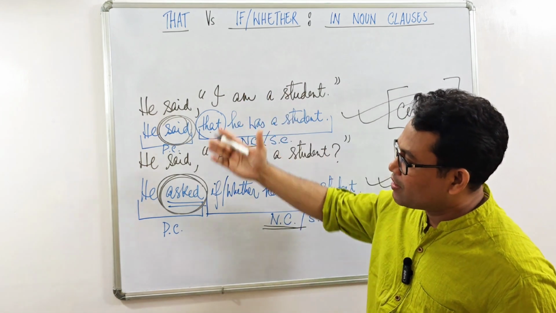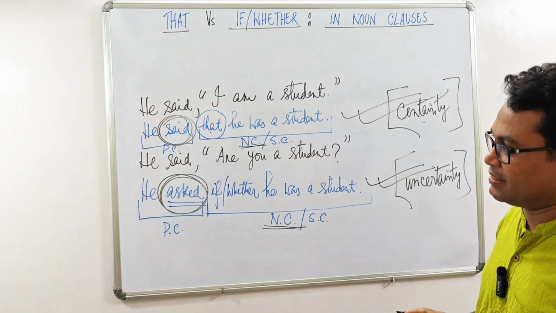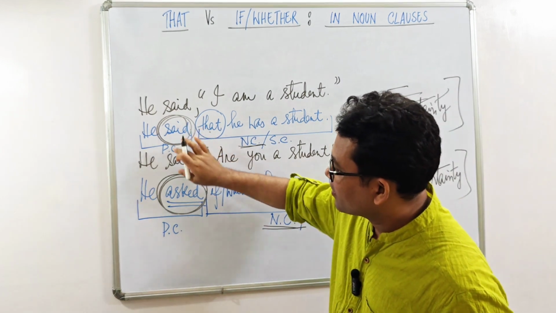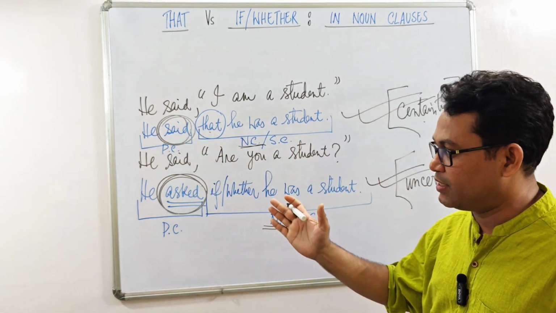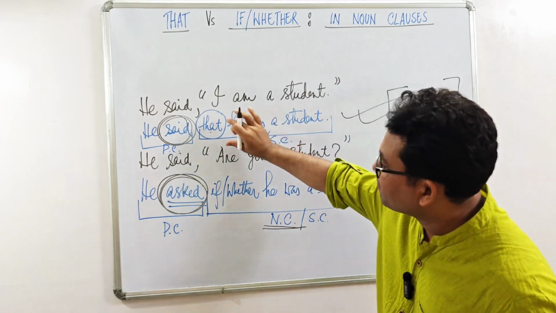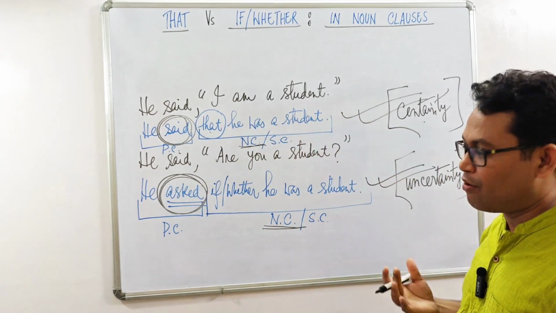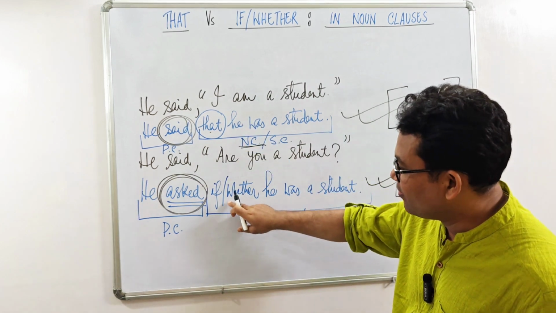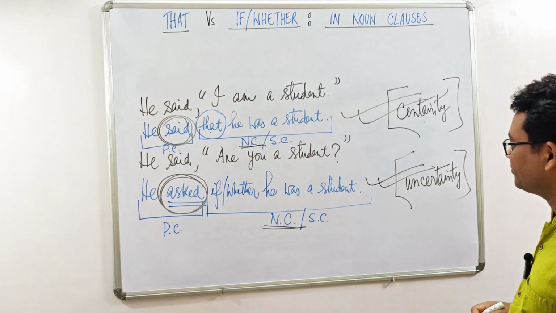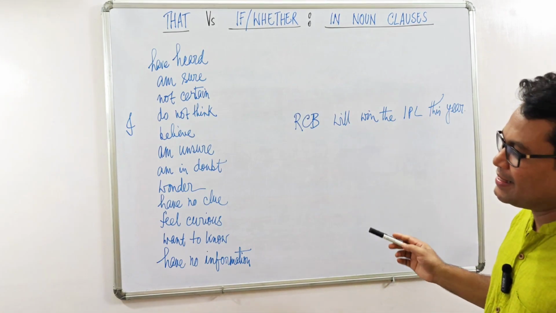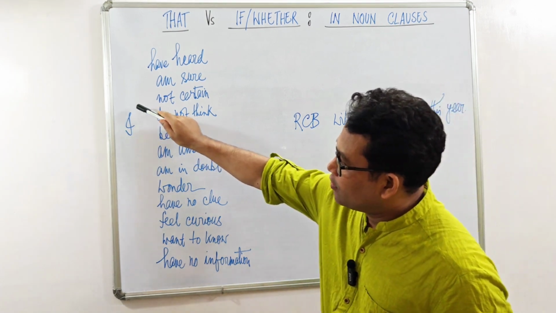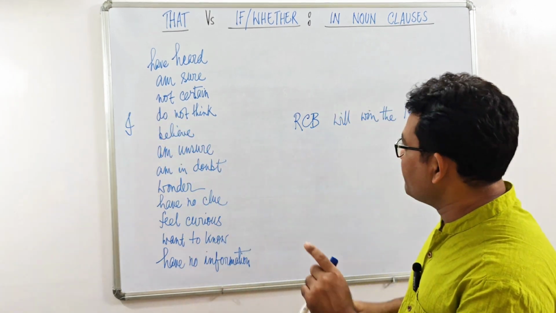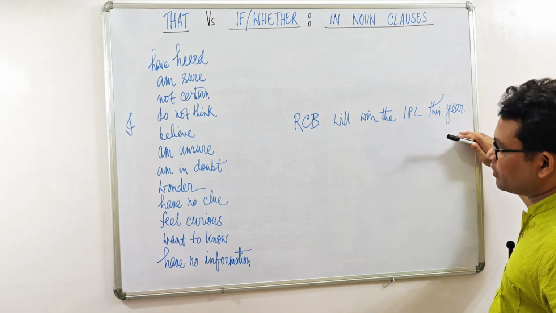Okay, let us now come across a variety of sentences, a variety of verbs in the principal clauses that will of course determine whether we have to begin our noun clause with that or if or whether. All right, fine. Look at these situations. The subject is common, I, then we have this part also common.